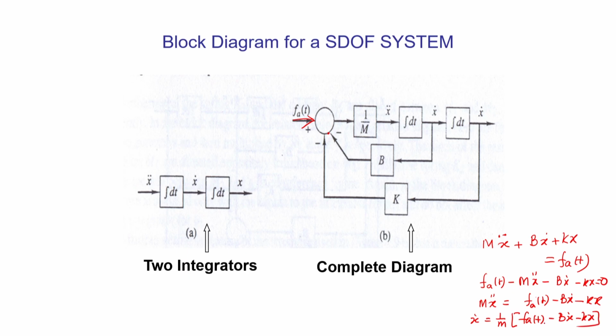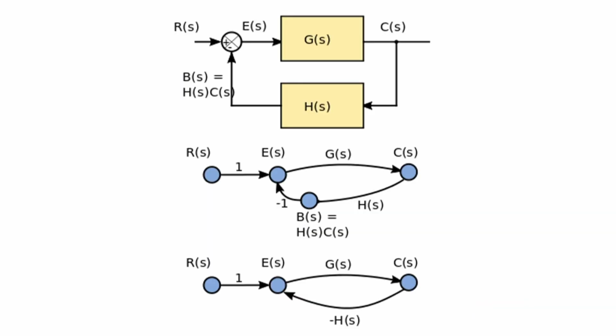Now, if you look at it, at this point what you have is this part, and then divided by m, you are going to get x double dot, and that is the way you can write this equation of motion in the form of a block diagram of a single degree of freedom system. With the same logic, you can extend it to different systems.